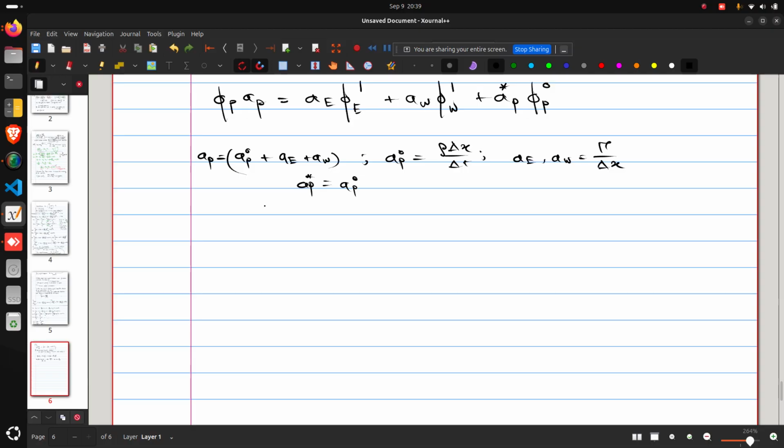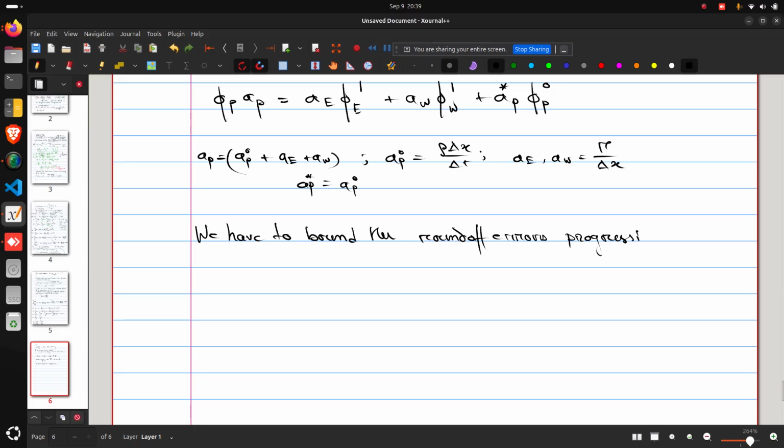It tells you that we have to bound the round off errors progressing through time, right? I hope everyone is familiar with the concept of round off errors.